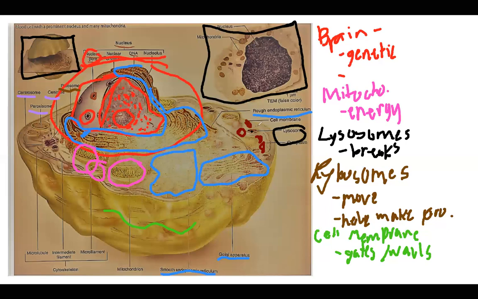Anyways, the cytoplasm is what helps organelles stay in place, and also helps other organelles move, like for example ribosomes moving from the rough endoplasmic reticulum to the Golgi apparatus. So these are the main basic parts of the eukaryotic cell.